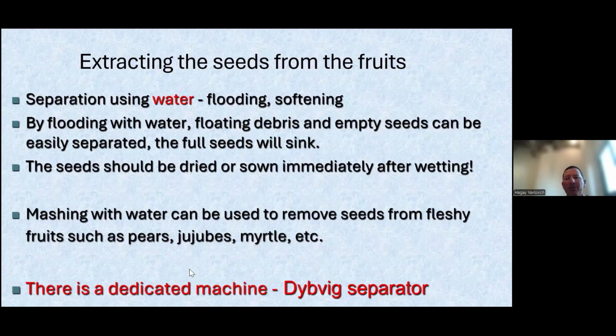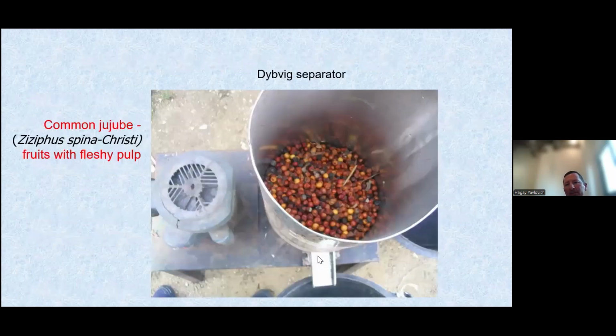a special machine for this that's called a diving machine. This machine works like it has a plate in the bottom of the machine. It looks like in this picture, and the plate in the bottom is just going around very fast.